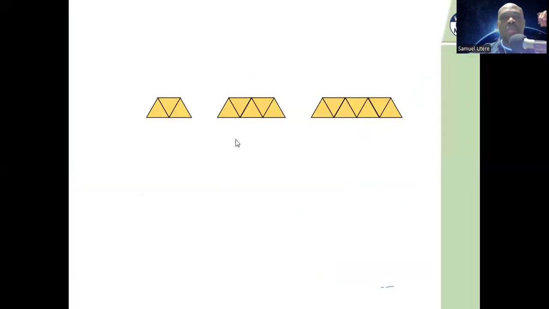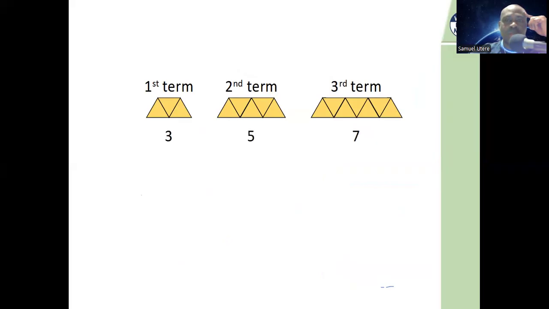Now, if I show you this sequence, you can clearly see that we have 3 triangles, 5 triangles, and then 7 triangles. Remember, the title of our lesson is to be able to represent sequences in tabular form.